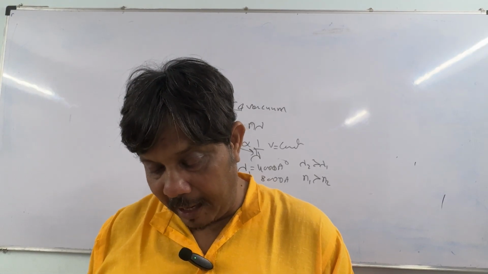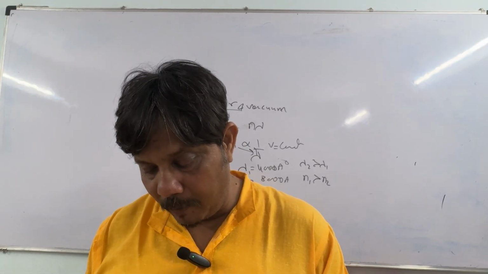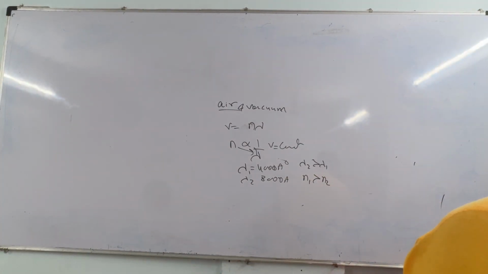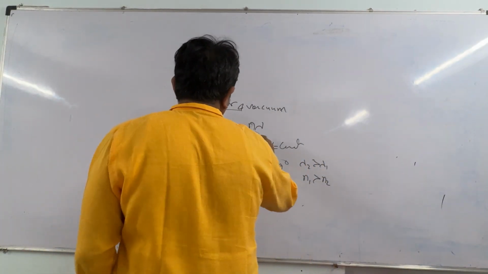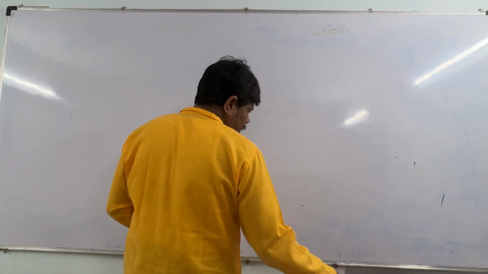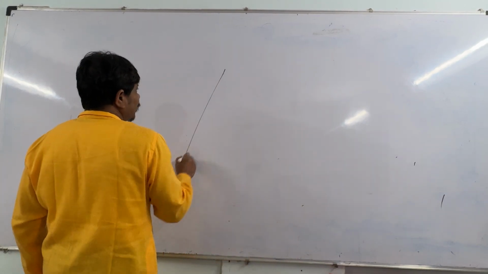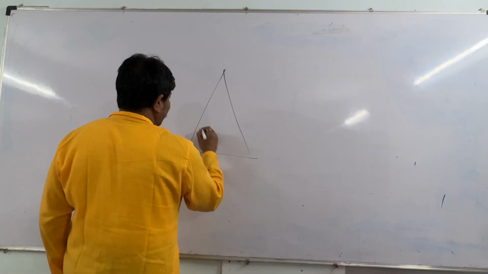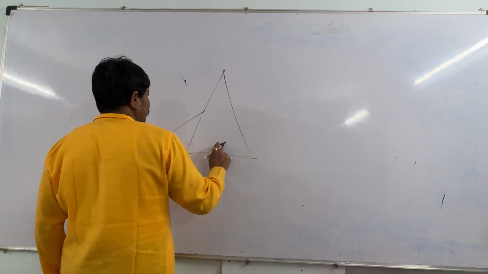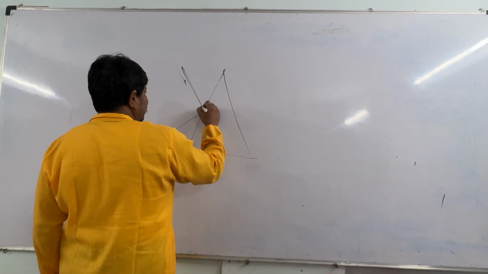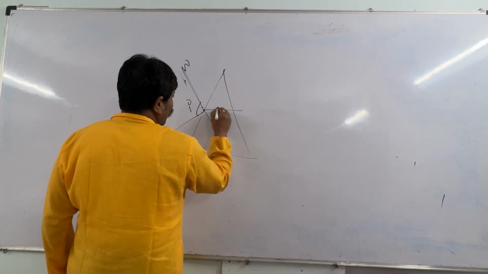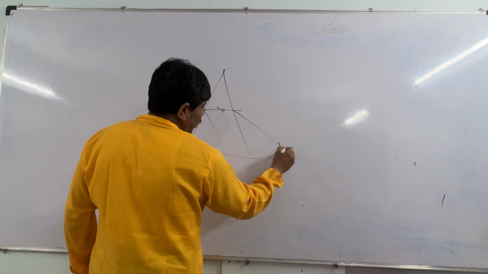Draw the ray diagram of the refraction of monochromatic light in the prism at the position of minimum deviation. So this question I am going to draw on the board. Already I discussed this question, but I will explain again. When there is a minimum deviation, light comes like this. This is the normal, this is the normal, this is the incident ray, this goes parallel, and this is the emergent ray.